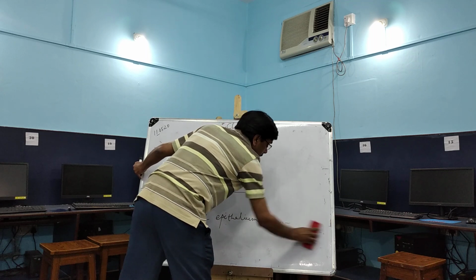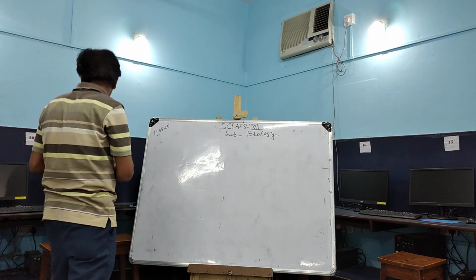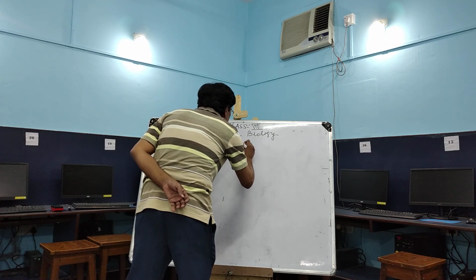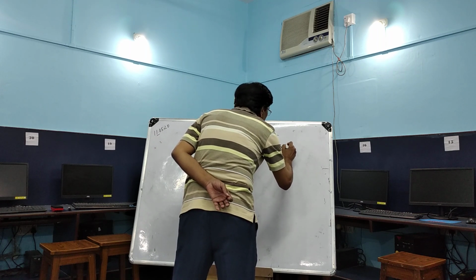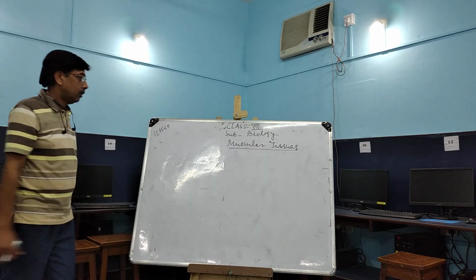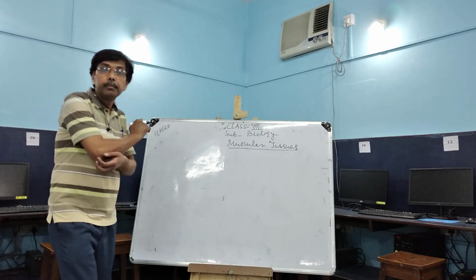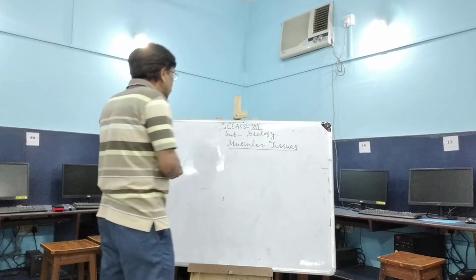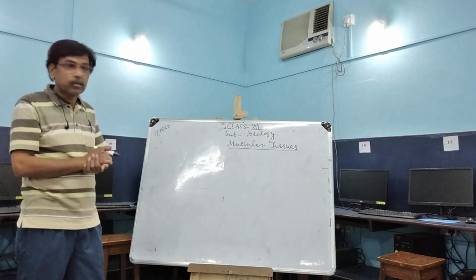Next is muscular tissue. This tissue is involved in all types of movement of the body and its parts, and is present in the muscles of our hands and legs.